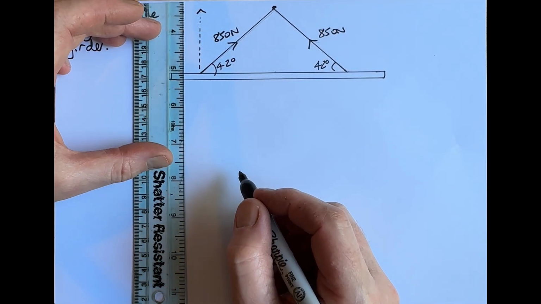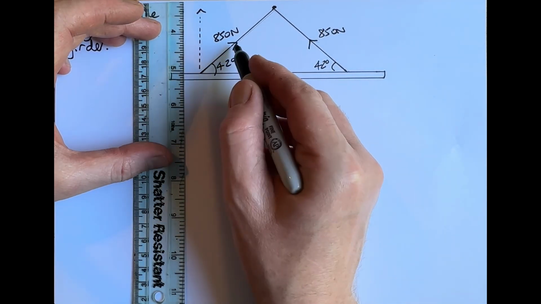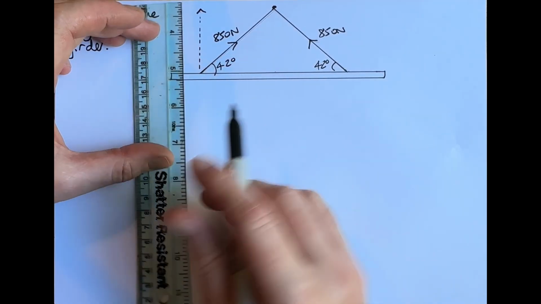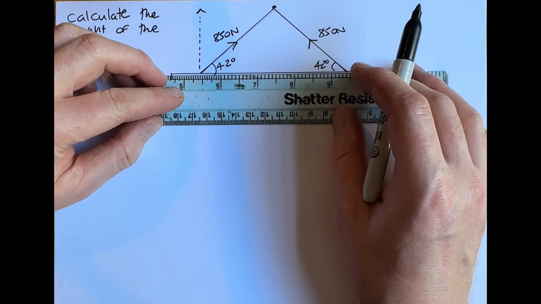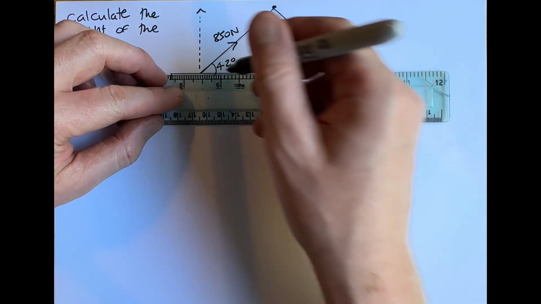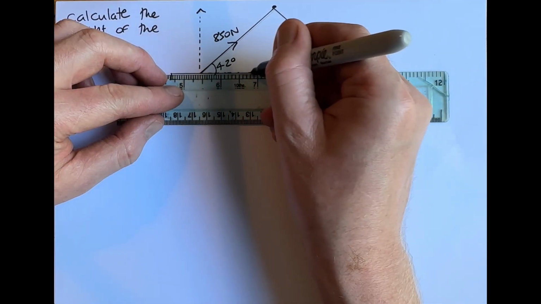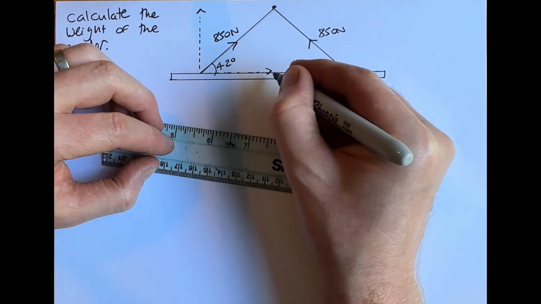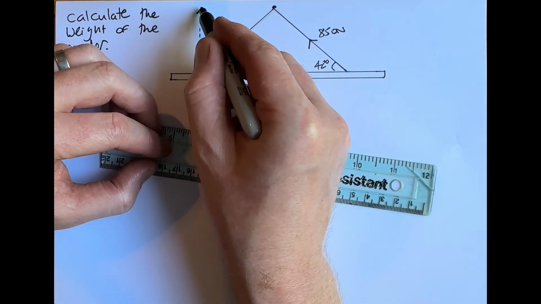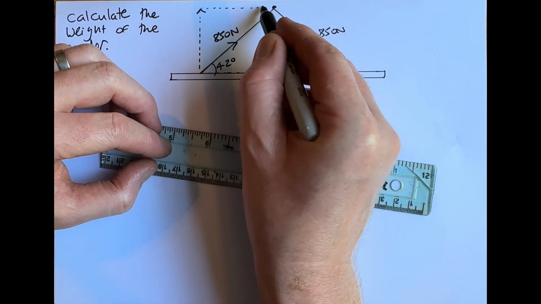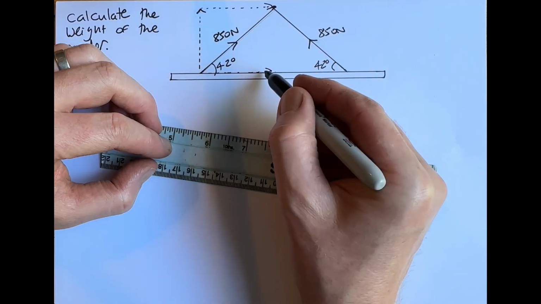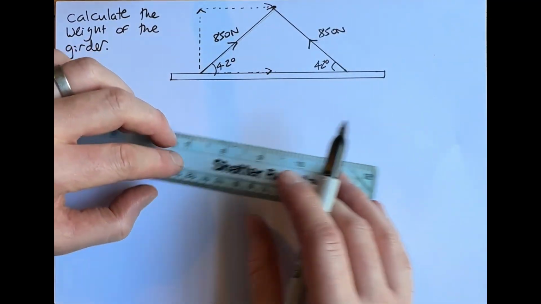So we can split this into two components, the vertical component and the horizontal component. And the horizontal component will be along this line here. You can translate that if you want, so that the horizontal component is along this line here, because we can just translate that up to here.